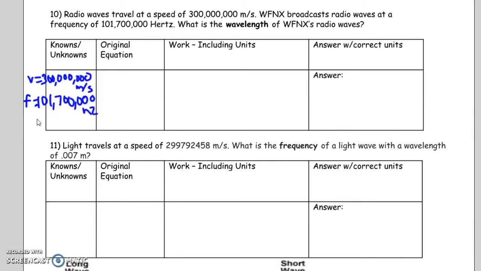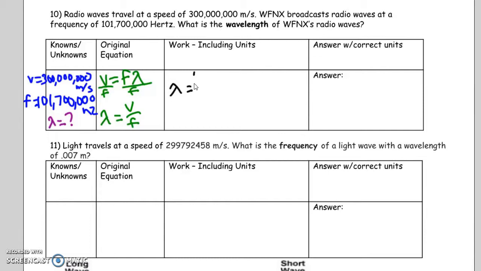I know this one seems harder because there are really big numbers, but it's just the same steps that we've been doing. v equals f times lambda. I want lambda by itself, so divide both sides by f. Lambda equals v over f. Show my work.